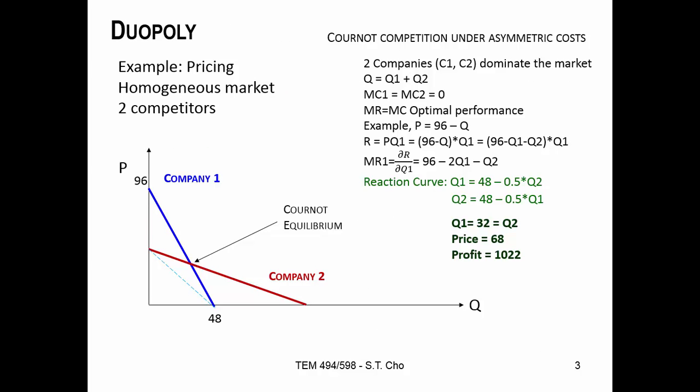When I talked about duopoly, a big part of it is your reaction curve. Your reaction curve is basically when you get optimal performance, when marginal revenue equals marginal cost. So you figure out what my quantity should be based on what the other guy's quantity should be.